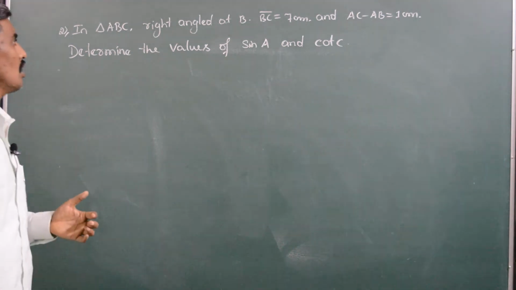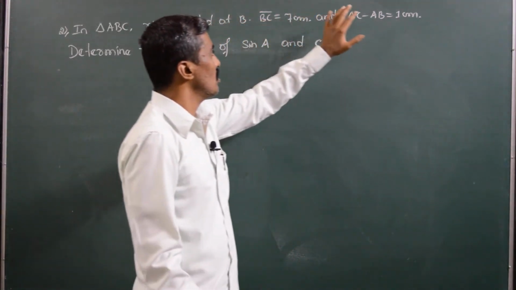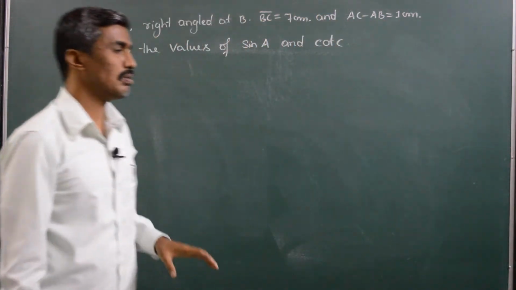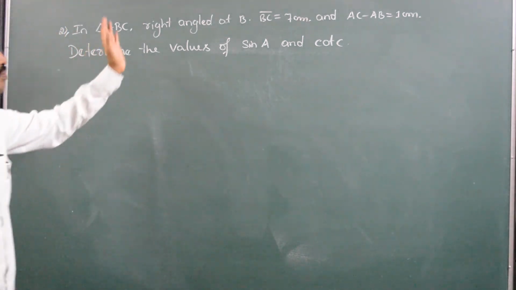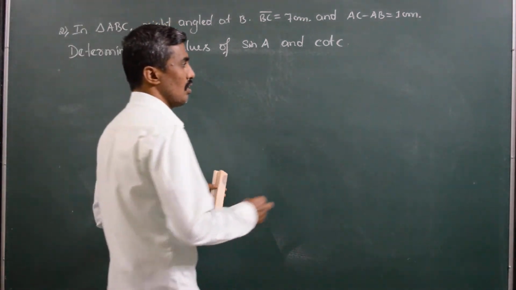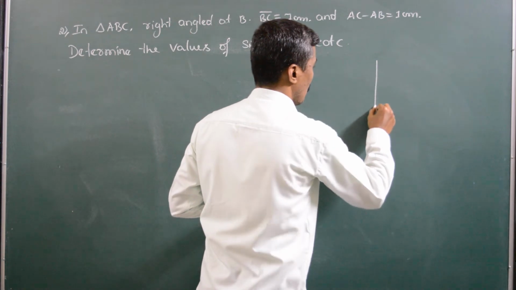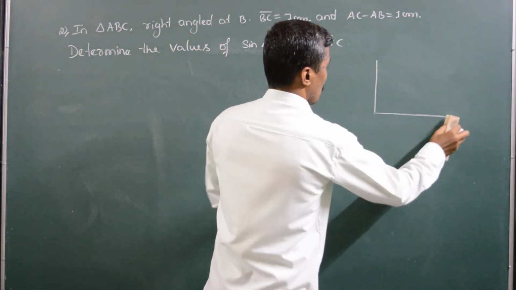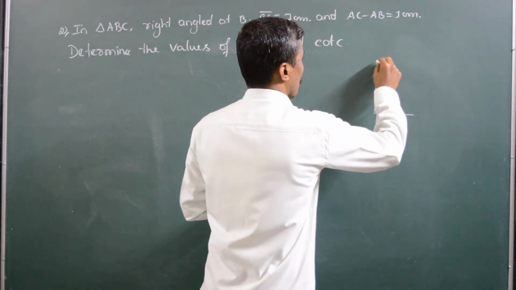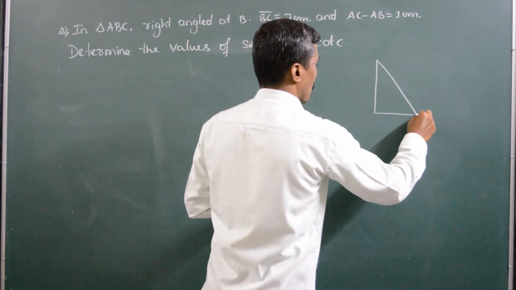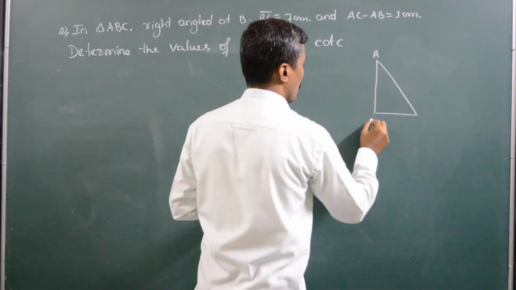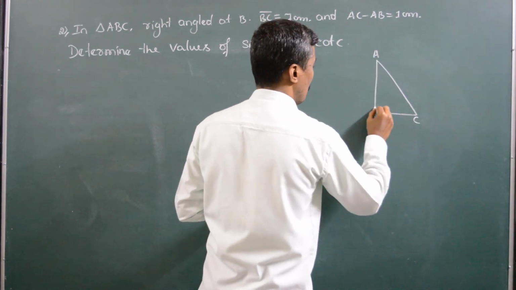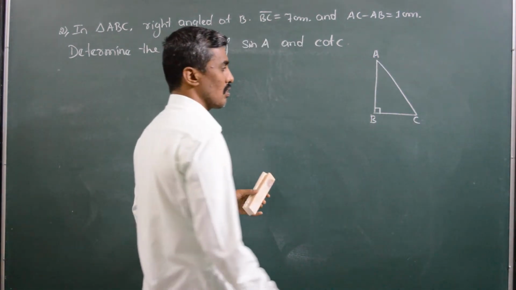The given data are BC is 7 centimeter and AC minus AB is equal to 1 centimeter in a triangle ABC where B is 90 degrees. So let me draw a triangle ABC such that angle B is 90 degrees.